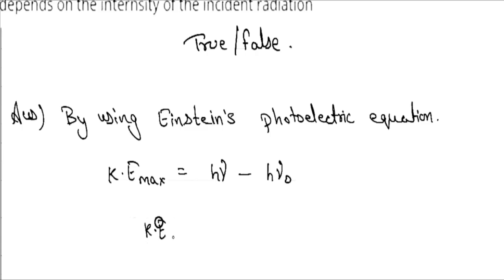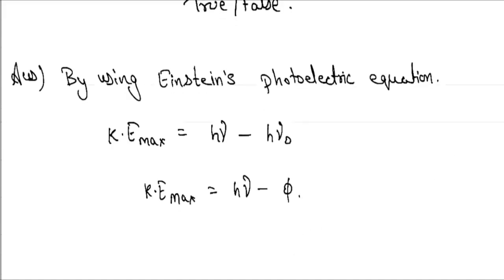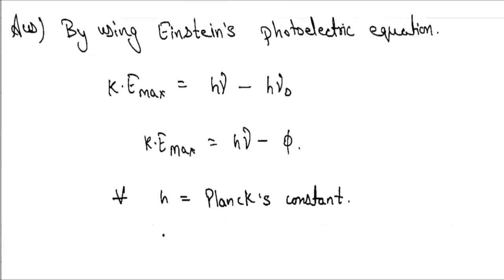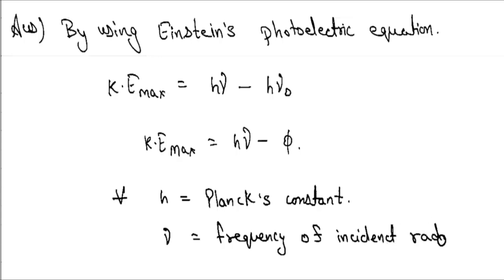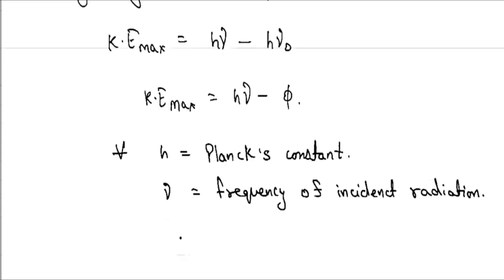So Kmax is equal to h mu minus phi, where h is Planck's constant, mu is the frequency of incident radiation, and mu naught is the threshold frequency.